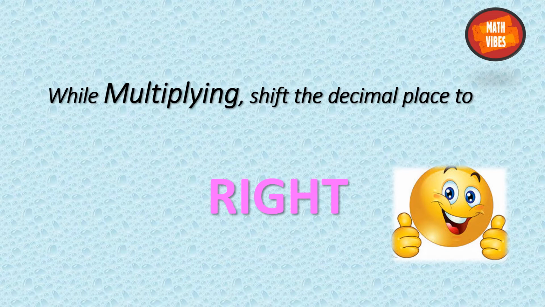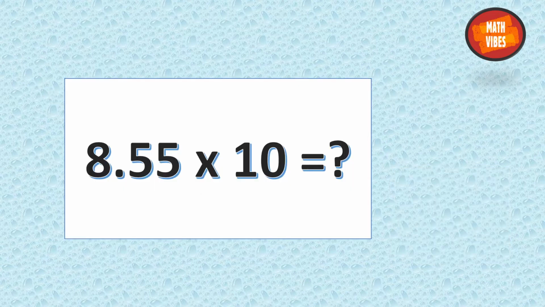Okay, let's take some examples to learn more. For example, if the question is 8.55 multiplied by 10, what will be the answer? Now we have to find it and we will do it orally. For the first example I'll go very slow so that you can understand the concept.